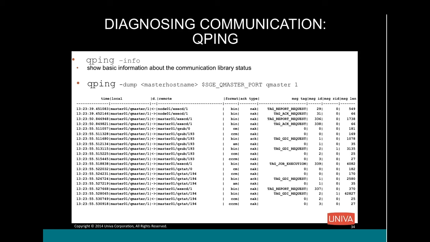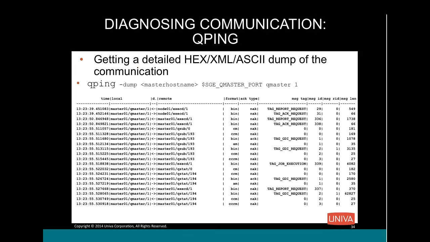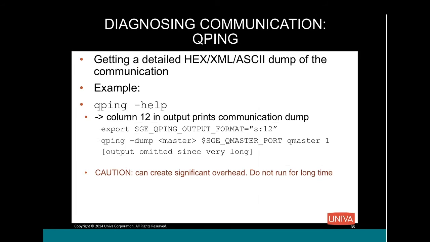You could also use qping to get a detailed hex, XML, or ASCII dump of the communication. If you do qping -help, that'll give you more detail about how to configure a communication dump. Format S12 outputs the dump in, I think, hex, XML, and ASCII.